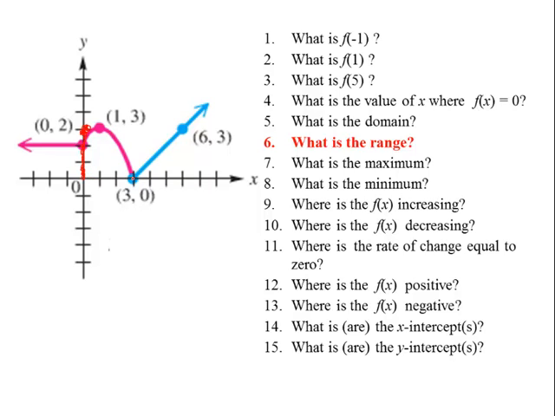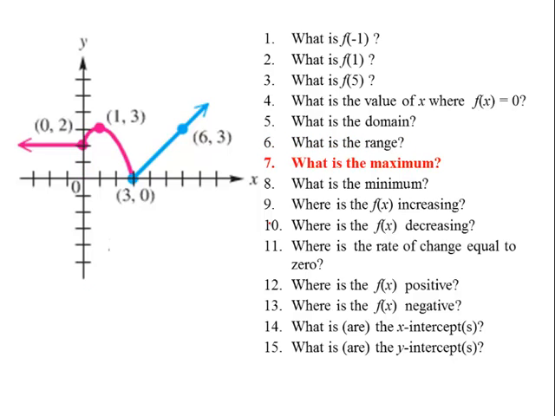It can equal 0, as it does here, and it can equal 3. So it's all numbers between 0 and 3. And they can equal, so we do this, in set notation, bracket 0, comma 3, bracket.